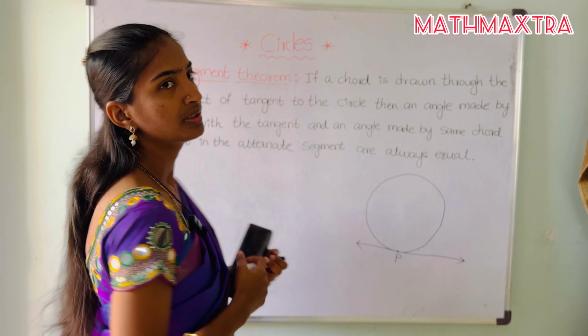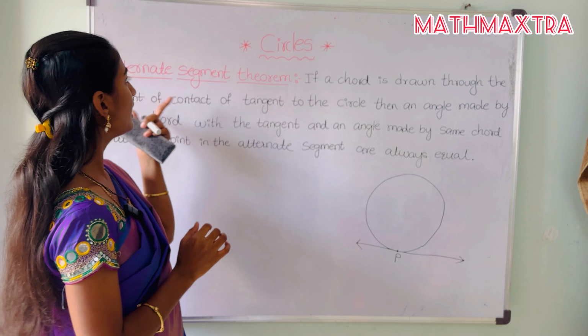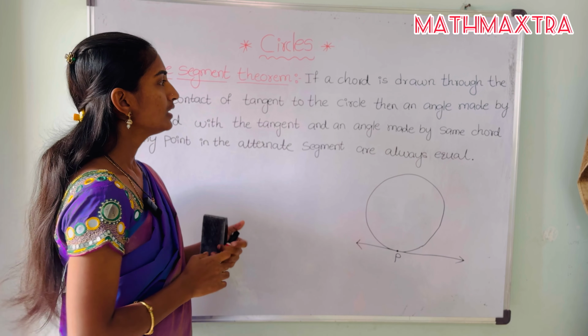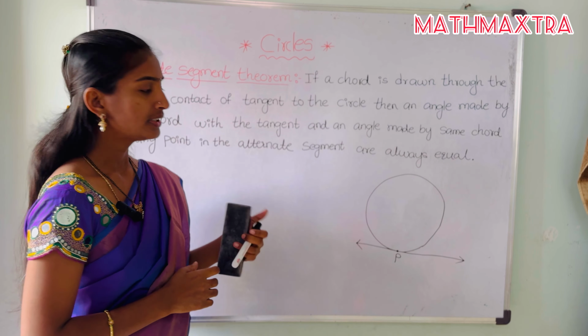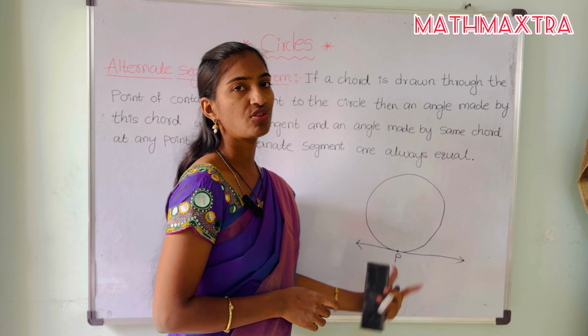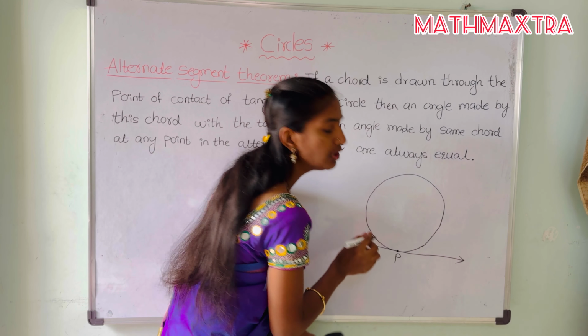Now we will discuss a theorem which is the alternate segment theorem. What it states is, if you have a circle, this is a tangent of the circle and this point P is the point of contact.